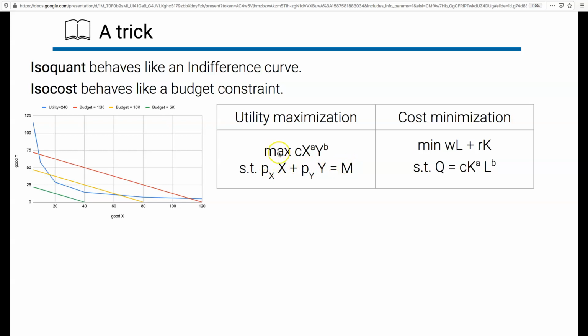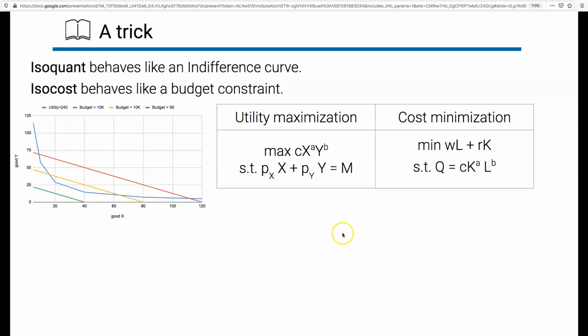So in one case, we're maximizing the utility subject to a budget constraint. So we fix a budget line and we want to find the curve that is farthest away from the origin that is still feasible given the budget line. And in the cost minimization case, we fix a curve and we want to find a cost line that is closest to the origin.